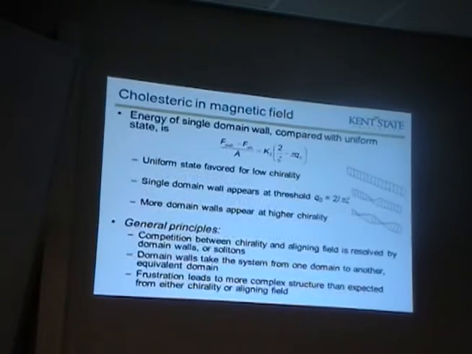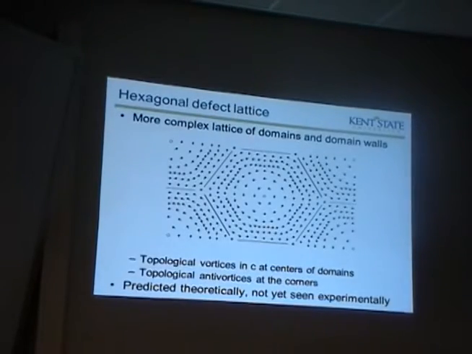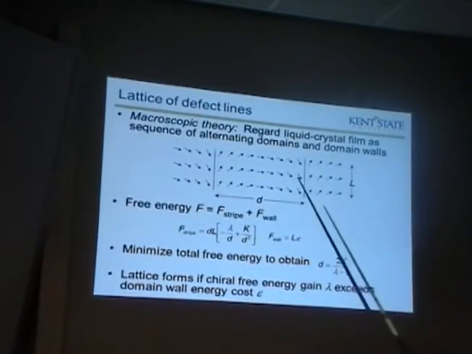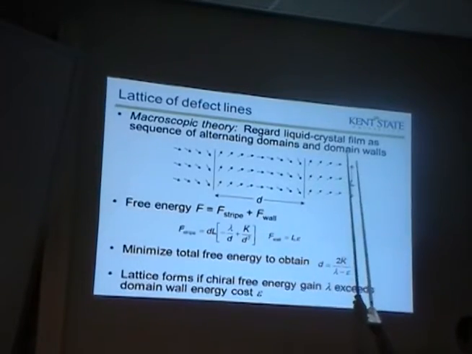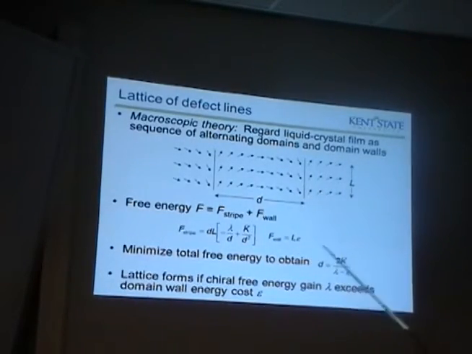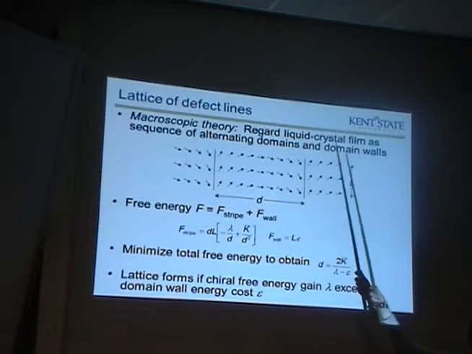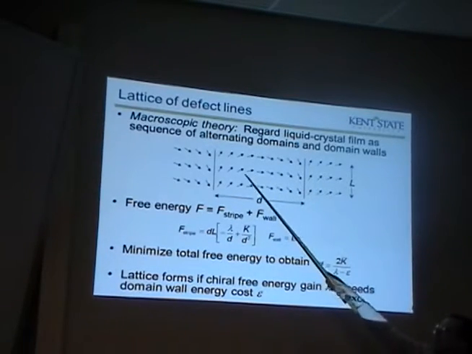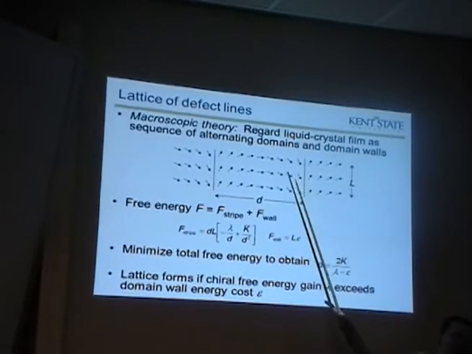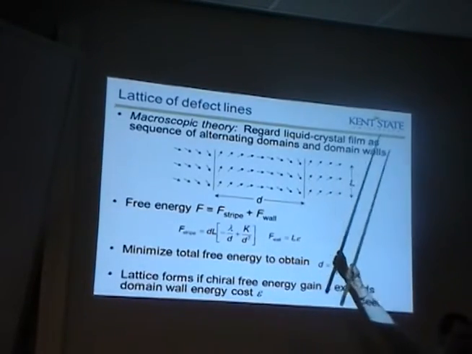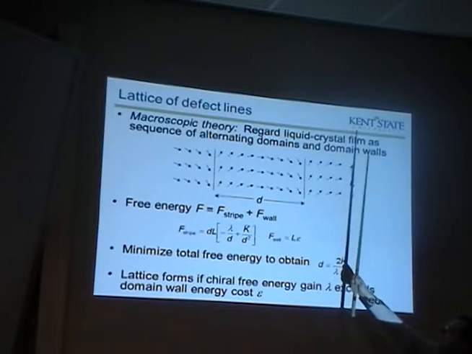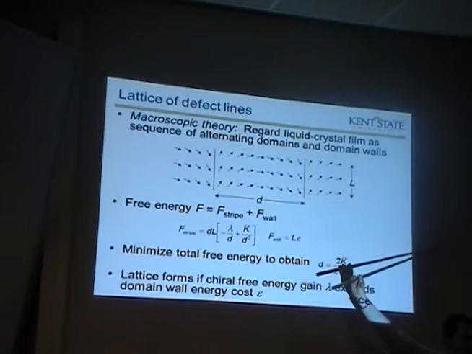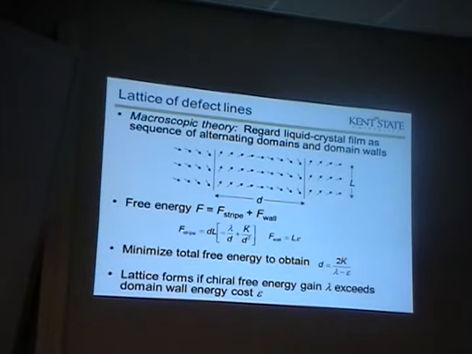For example, if this is the ground state, the minimum of the free energy, you could take the point of view, at this level of description, where I have directors everywhere, and then there could be fluctuations in the director field that have the director field wiggling back and forth. Alternatively, we could go to an even more macroscopic view than this.